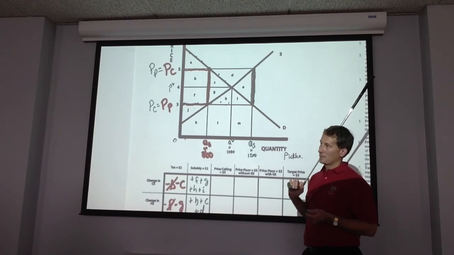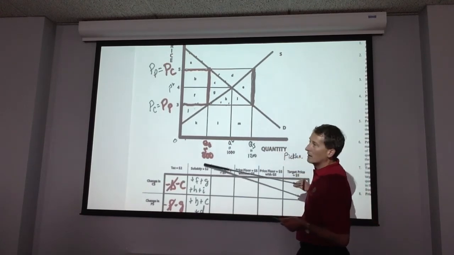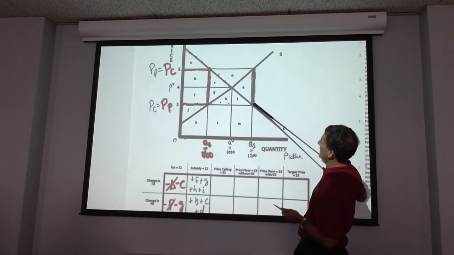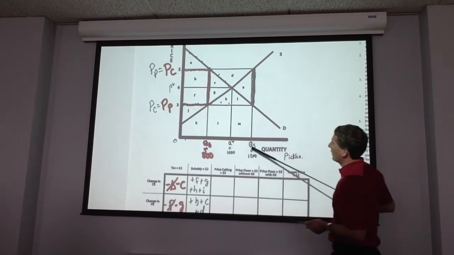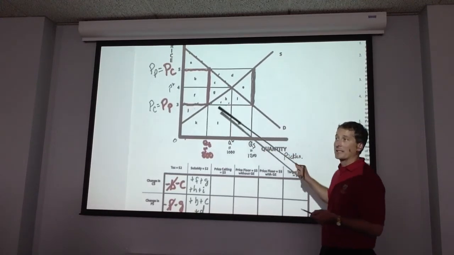It's that box. Yeah. So the subsidy is the $2 per unit, right? So the difference between 5 and 3, the vertical height here, is the amount of the subsidy. For how many units? 1,200. Area of this rectangle gives us the amount of government spending.